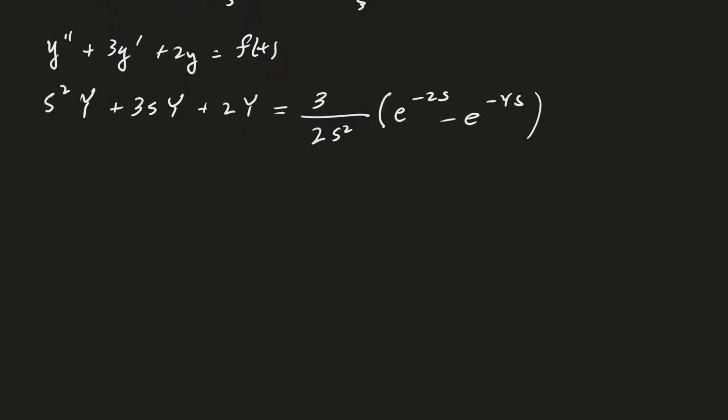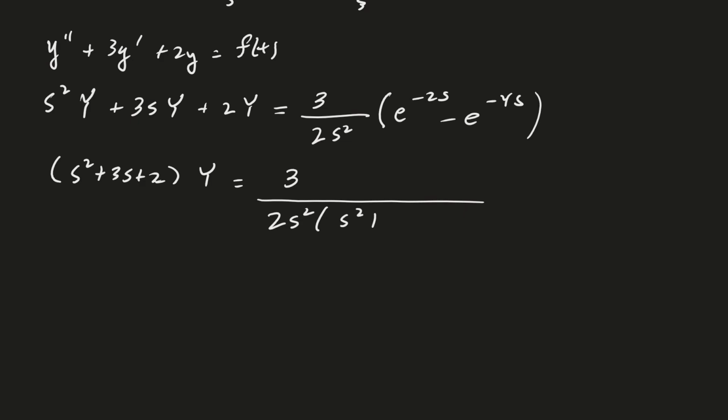So now we can factor out the s squared plus 3s plus 2 times Y. Let's just go ahead and divide that through. That'll save a little bit of space. Then we have our e to the minus 2s minus e to the minus 4s.